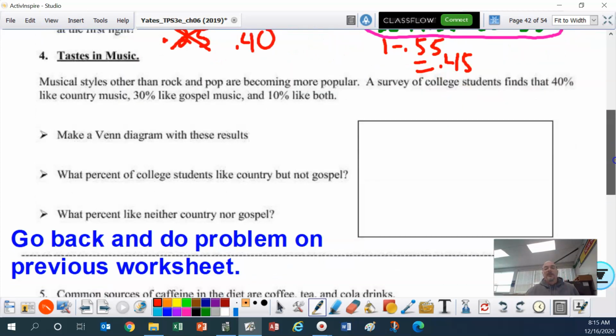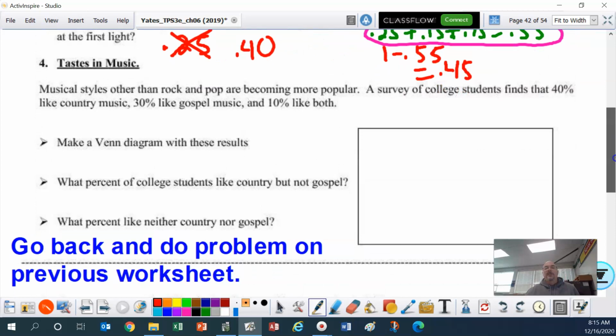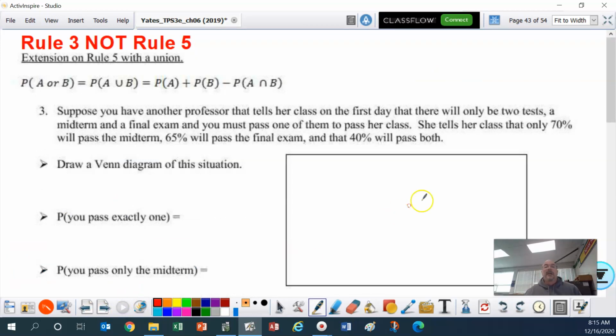All right, I'm supposed to go back to that problem on the previous one. I think with what I've done so far, you have a good idea of how to do these, so I'm not going to do this problem. If you want to add it to your notes, go ahead, ladies and gentlemen. The problem that I skipped in the last video, I believe I have it right here.